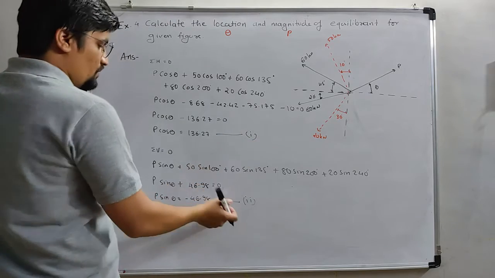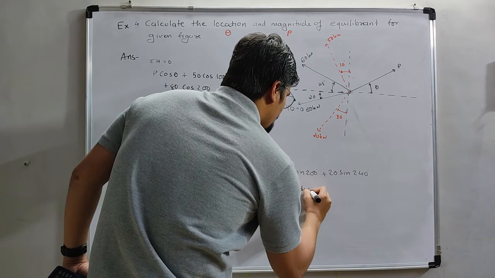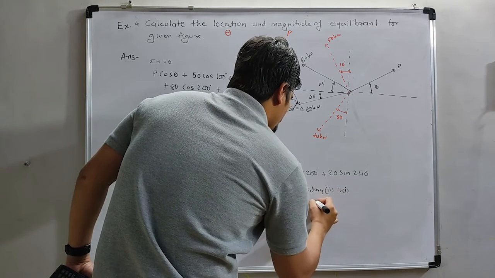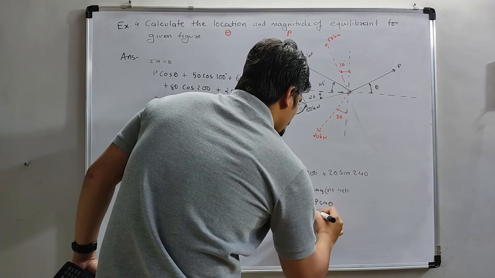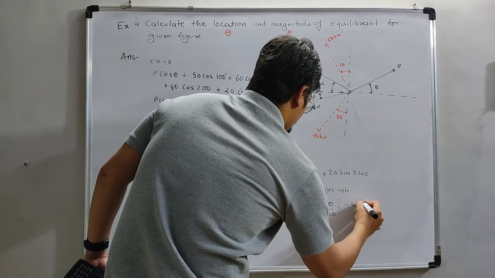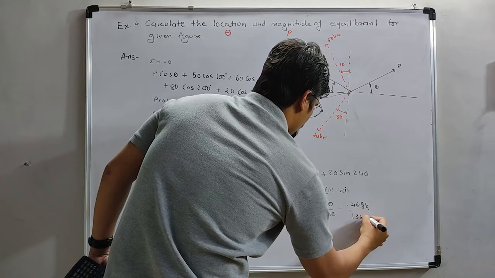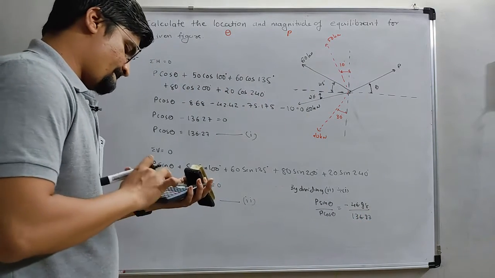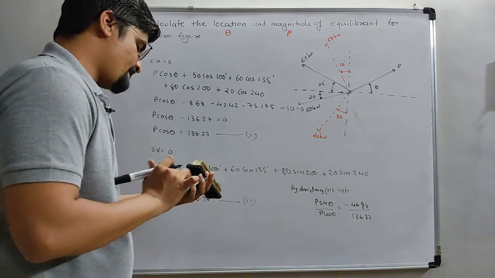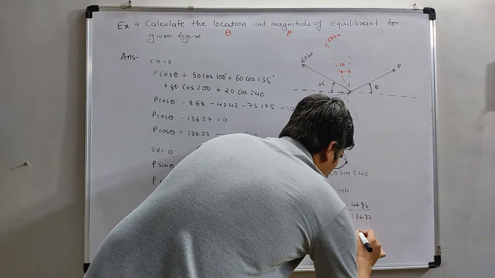by dividing equation 2 by 1, tan theta is equal to minus 0.34.